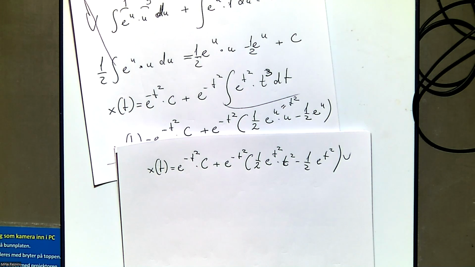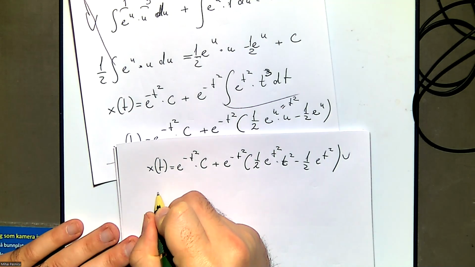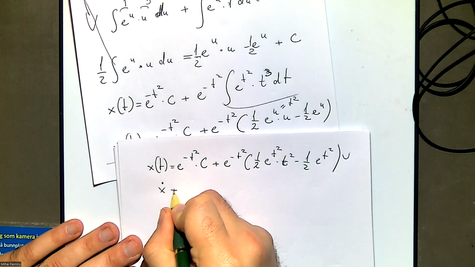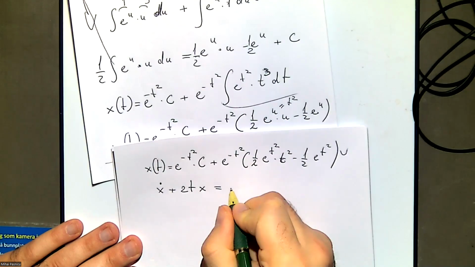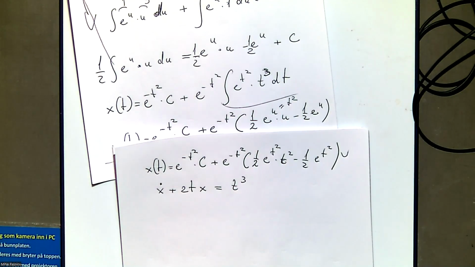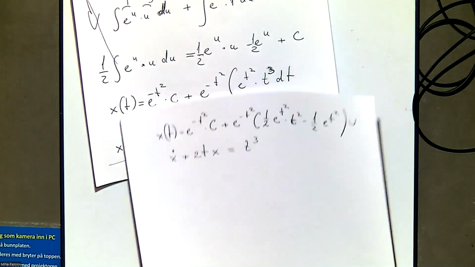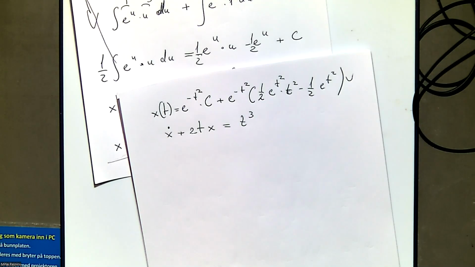As you can see, differential equations or basic integrals at this point can get very complicated, right? But the actual theory of how we got to the answer was quite short. Our original differential equation was x dot plus 2t x equals t cubed.